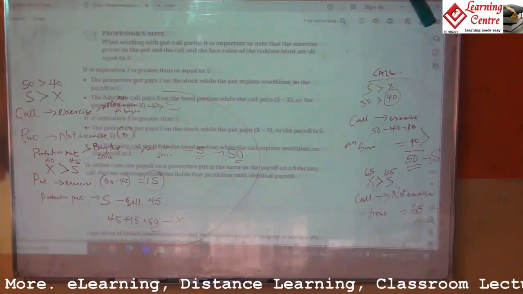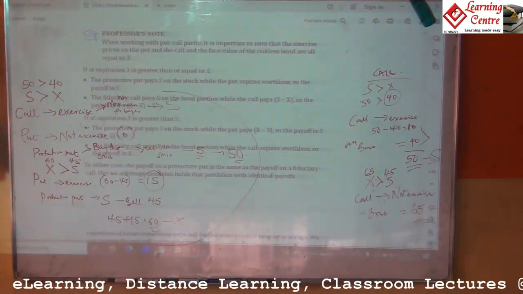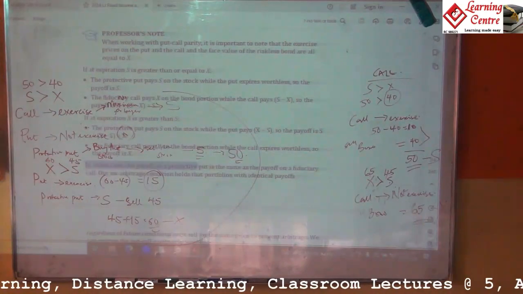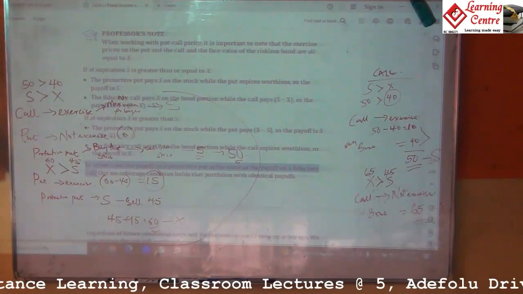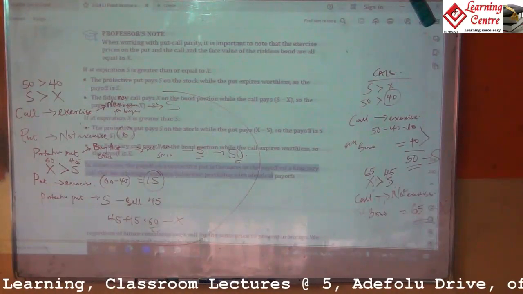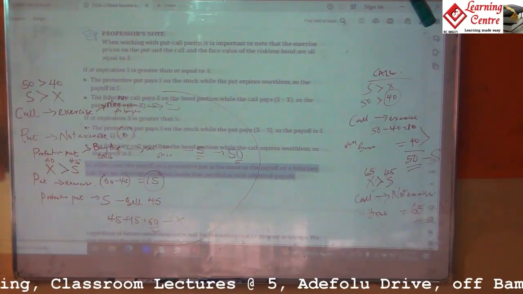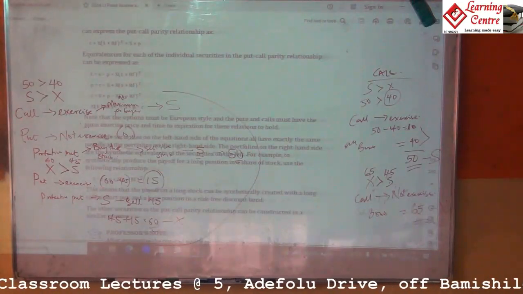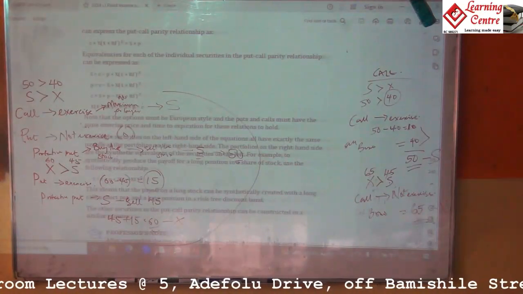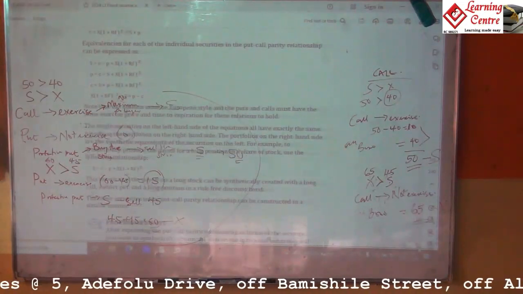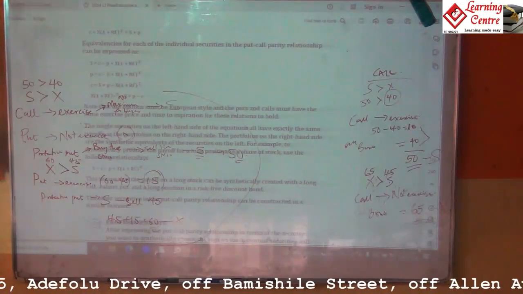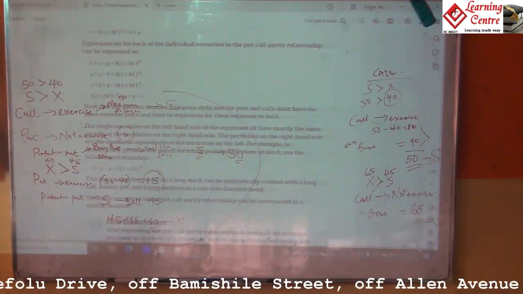Okay, any question? So in either case, the payoff of the protective put is the same as the payoff of the fiduciary call. We just said that. The no-arbitrage condition holds that portfolios with identical payoffs must have the same price. So your call and your puts end up at the same payoff. You need to understand this calculation.